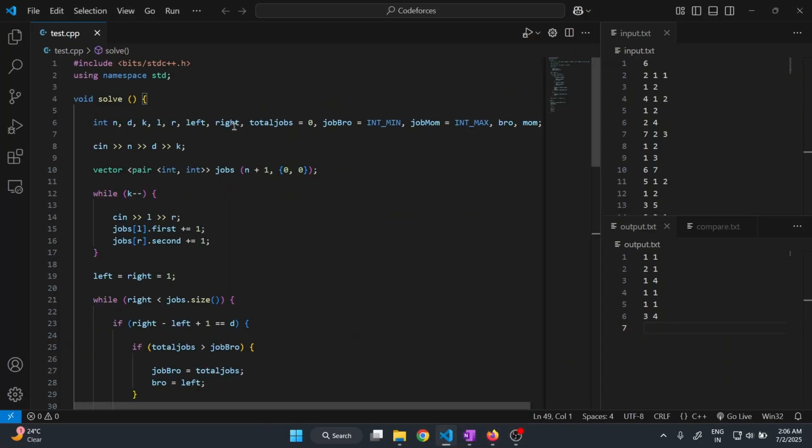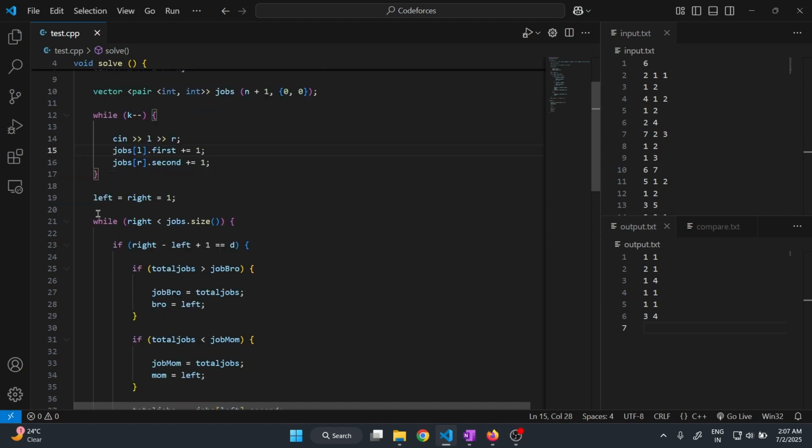This is the code. So I created a vector of pairs, initially stored the values 0, stored the k, l and r values and stored the starting of the job in the first element of the pair and stored the ending of a particular job in the second element of the pair.